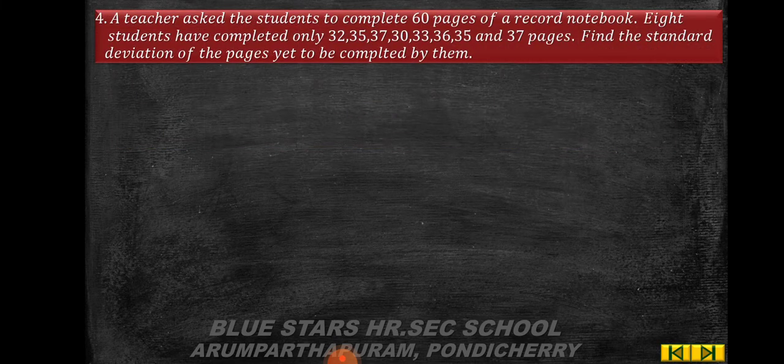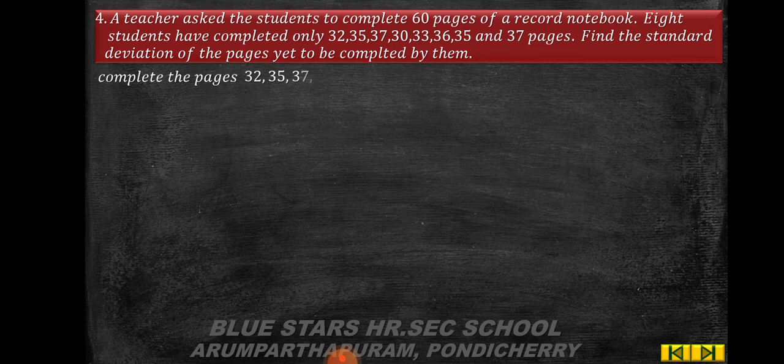Question number 4. A teacher asked the students to complete 60 pages of a record notebook. 8 students have completed only 32, 35, 37, 30, 33, 36, 35 and 37 pages. Find the standard deviation of the pages yet to be completed by them.